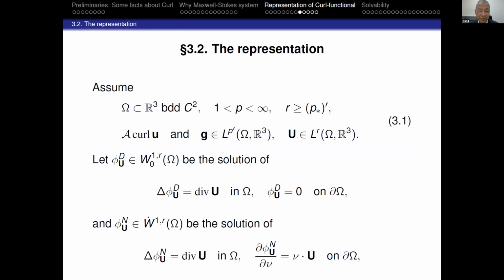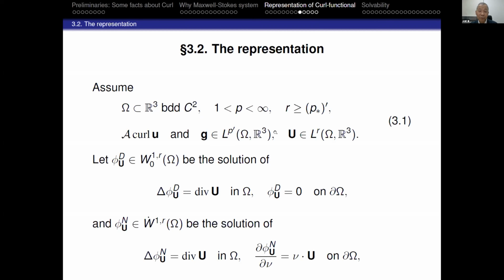Suppose that you have vector fields U, G and capital U, such that A is a matrix-valued function, A times U belongs to L^{p'}, G belongs to L^{p'}, and capital U belongs to L^r, where r is bigger than or equal to p star prime.